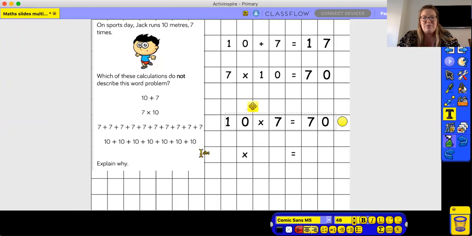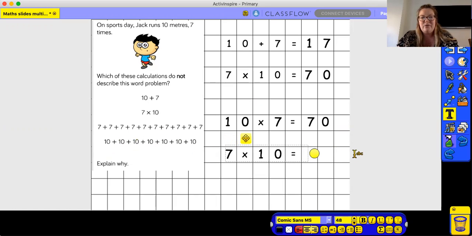Let's have a look at this last one together. Tell your adult how many 10s there are in this question. Count with me. 1, 2, 3, 4, 5, 6, 7. Well done. This time we have 7 lots of 10. Again, remembering our rule, what does 7 lots of 10 equal?